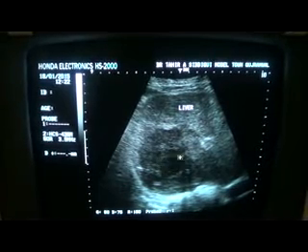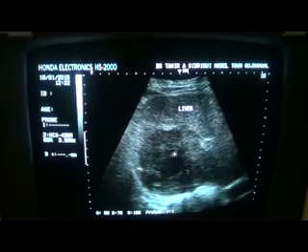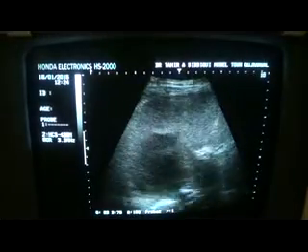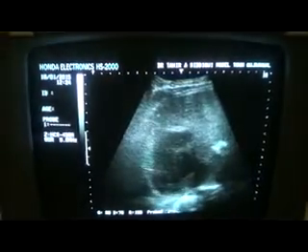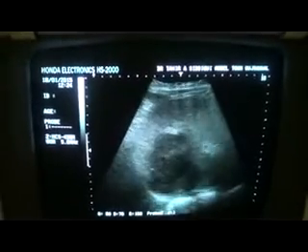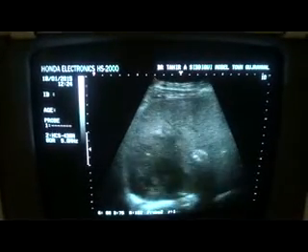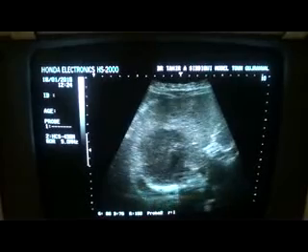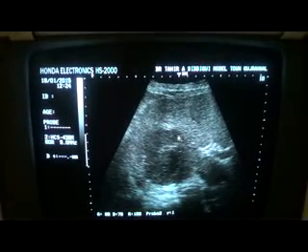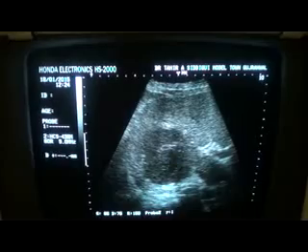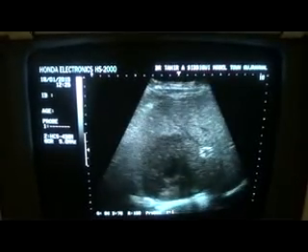relatively fluid filled with echoes in it, and if we look in a bit more detail, we will see that there are a few tiny calcifications also seen in it. You see, these are tiny echogenic particles consistent with tiny internal calcifications.